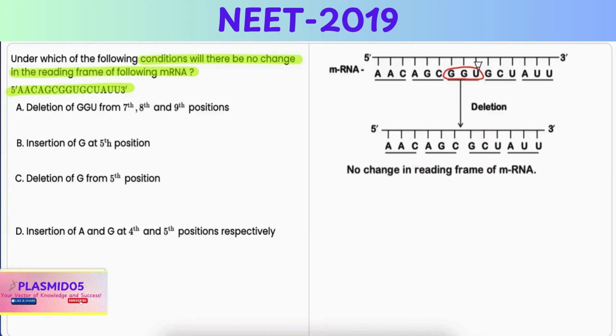Now removing 3 nucleotides, that is a complete codon, does not alter the reading frame of the mRNA. The genetic code is read in groups of 3 nucleotides. So if a complete codon is deleted, the downstream codons remain unchanged and the reading frame is preserved. Hence, this is the correct option.